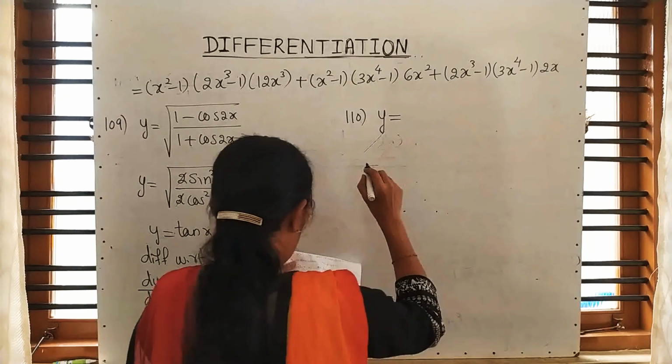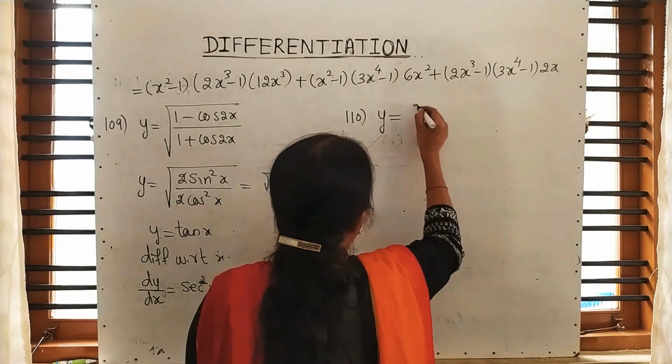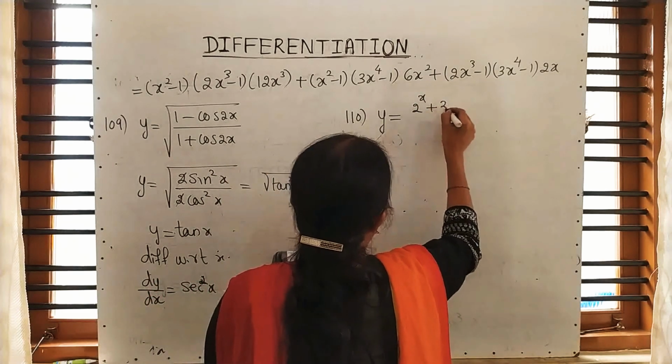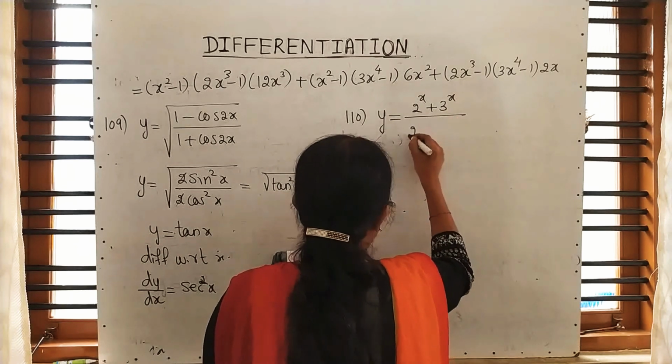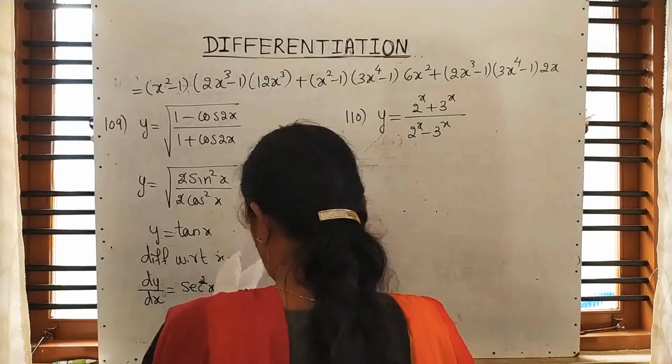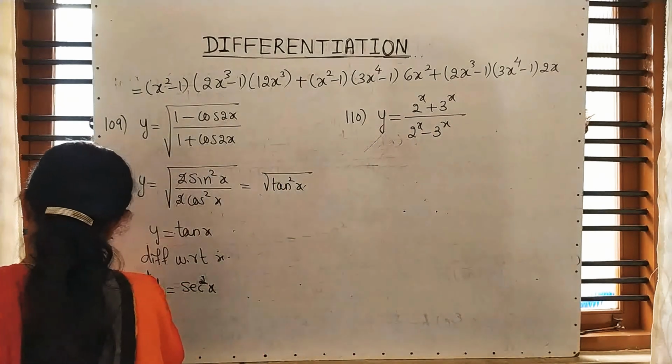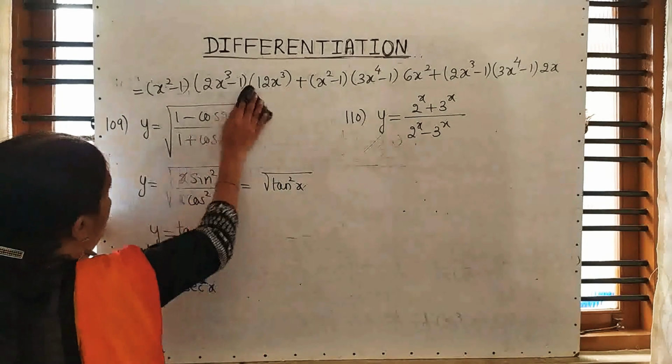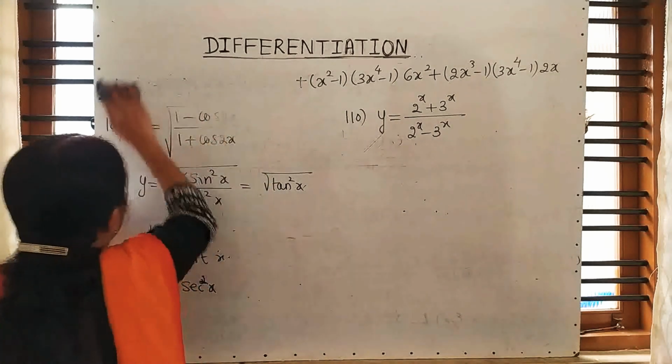y is equal to 2 raised to x plus 3 raised to x upon 2 raised to x minus 3 raised to x. Just apply the u by v method.